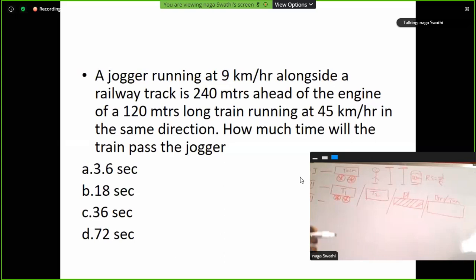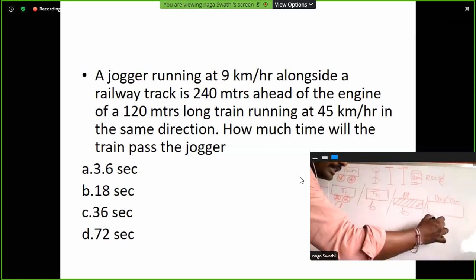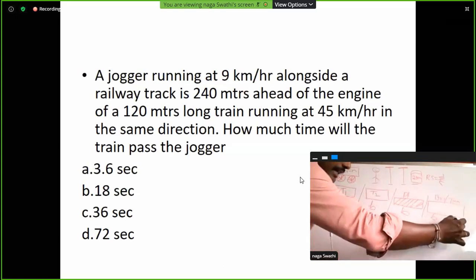So here the length of the train is A meters and the length of the second train is B, or the length of the platform is B, or the length of the bridge is B, or the length of the tunnel is B.